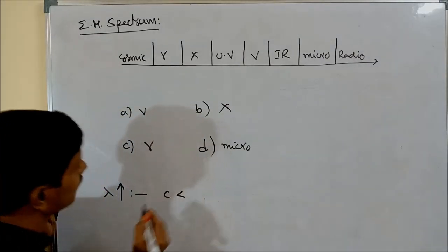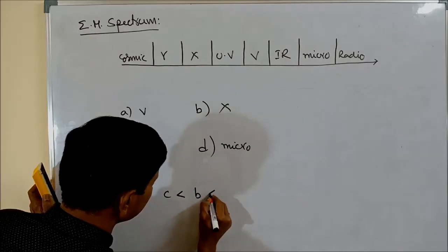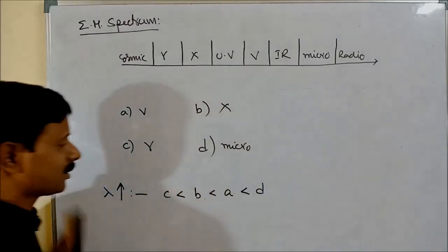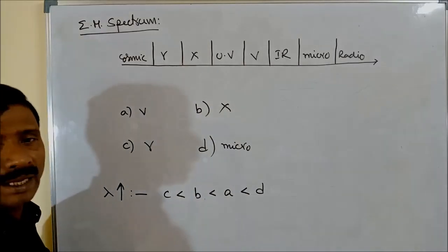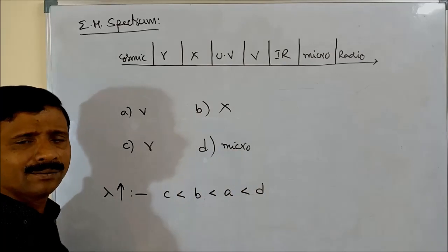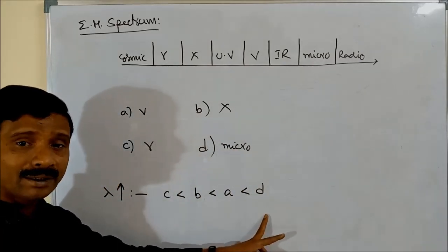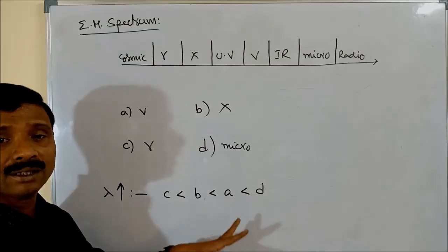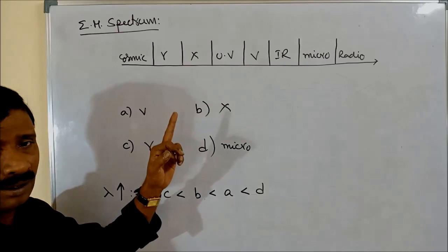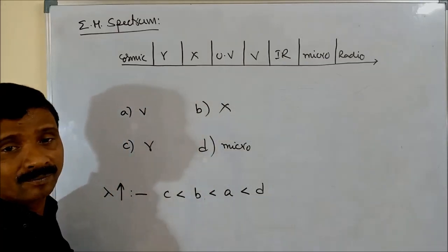After that we get X-rays, B, which is less than visible, A, which is less than D. Like that we have to arrange those radiations in increasing order of wavelength. In the same direction, energy, frequency and wave number are going on decreasing. It's a very simple part if you remember that order and the order in which we arrange those radiations.